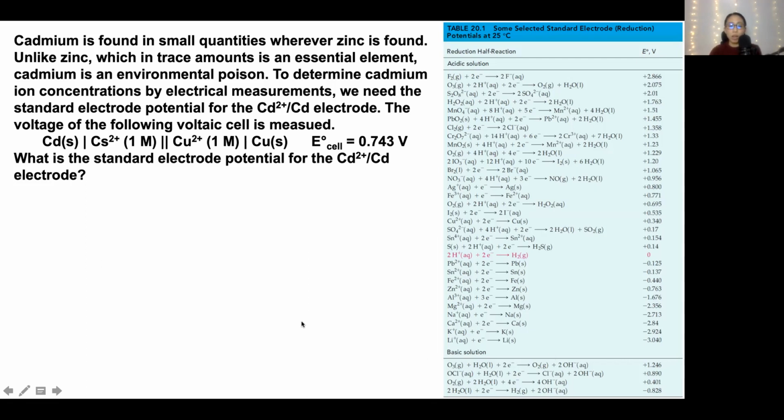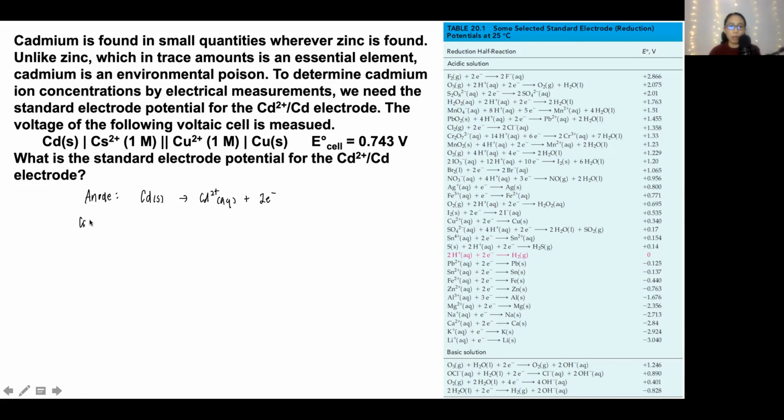From this, we can determine the standard reduction potential for your cadmium electrode. So again, your cadmium electrode is your anode. That means your anode reaction is your cadmium solid transforming into cadmium ion plus 2 electrons.